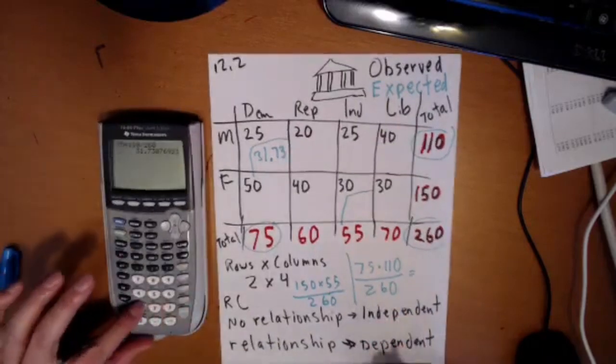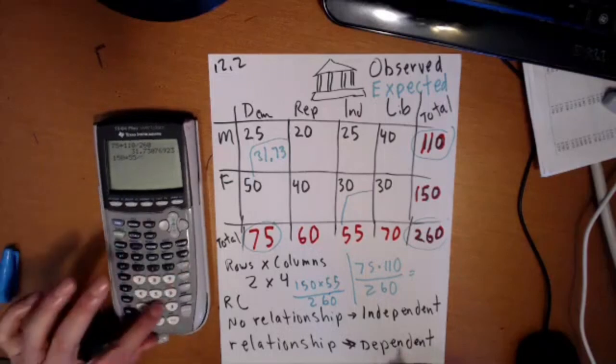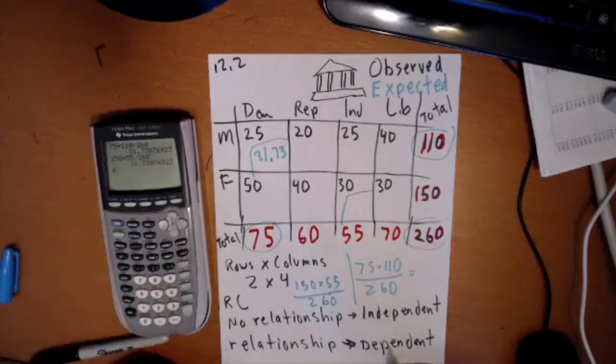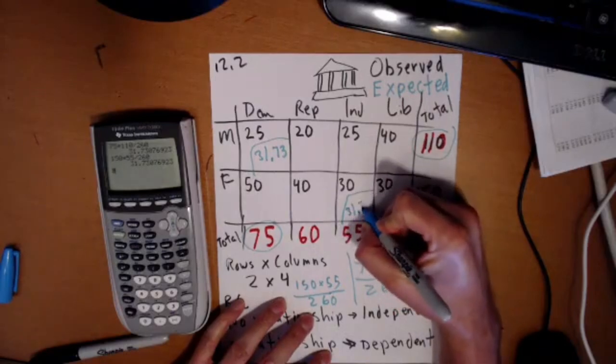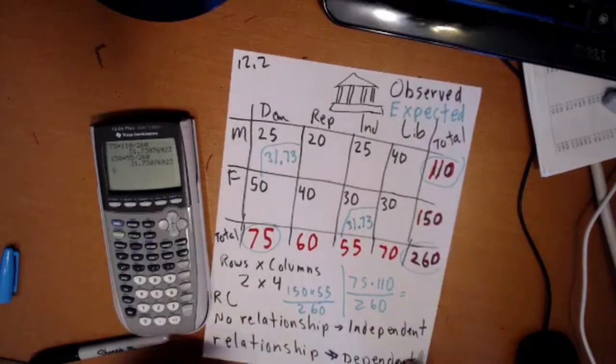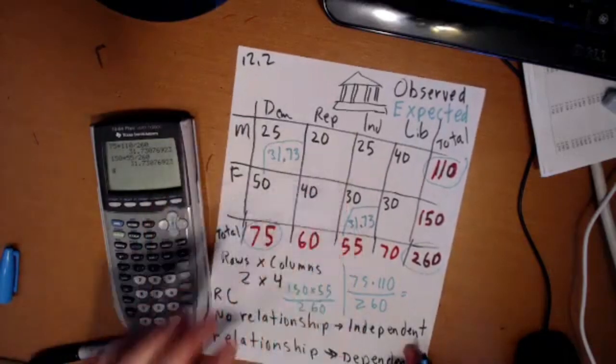So let's see, 150 times 55 divided by 260, enter. So we're expecting about 31.73. Again? Coincidence, total coincidence that those numbers were the same.